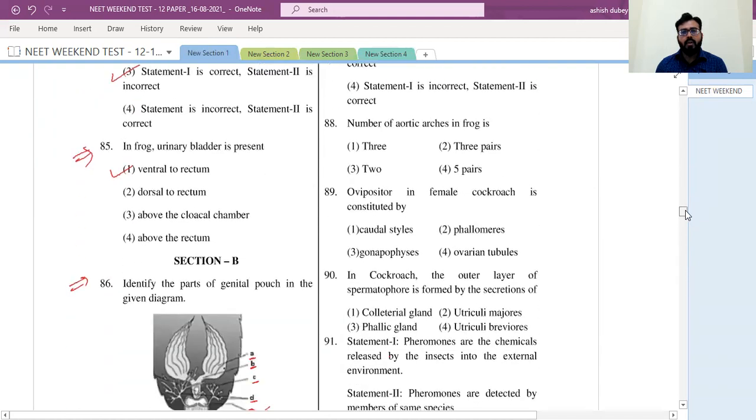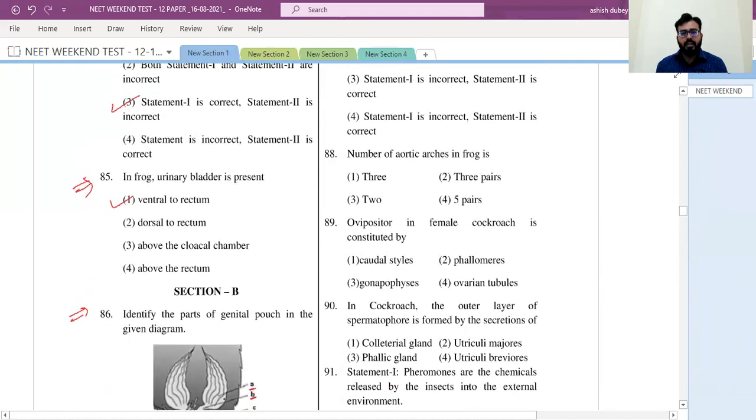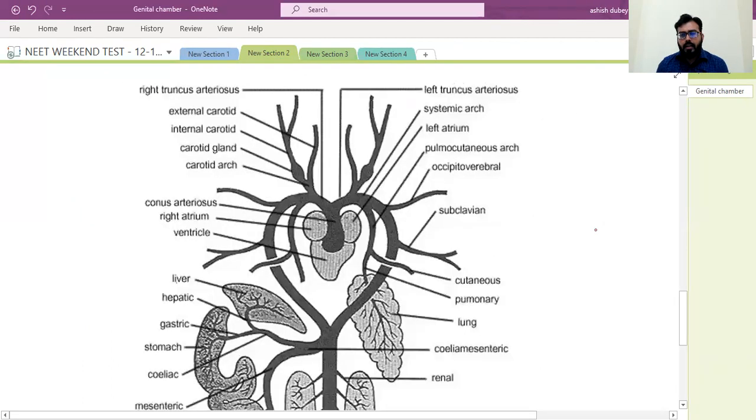88, number of aortic arches in frog. See, in case of frog, there are 3 pairs of aortic arches. See, in the diagram, the heart is giving rise to truncus arteriosus.